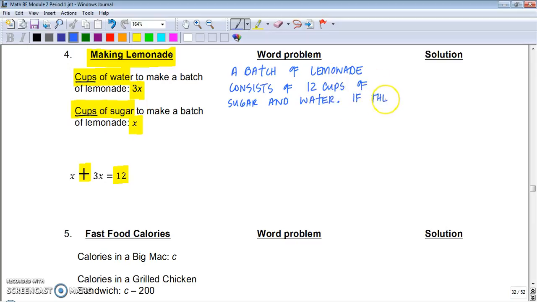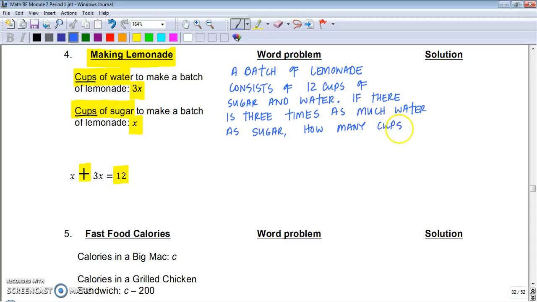If there is 3 times as much water as sugar, how many cups of each ingredient is needed?